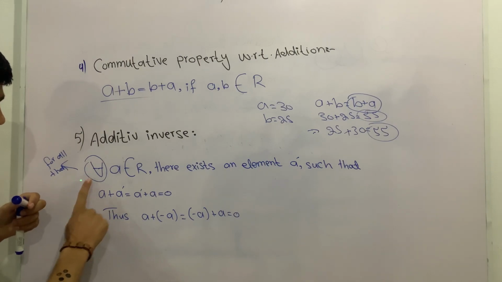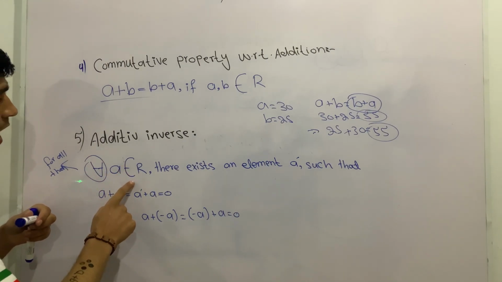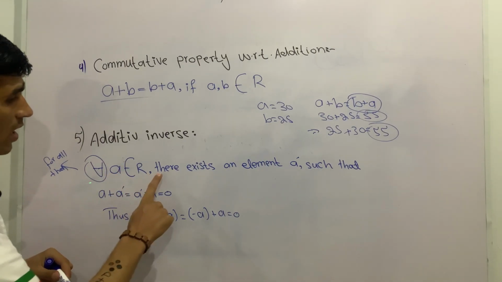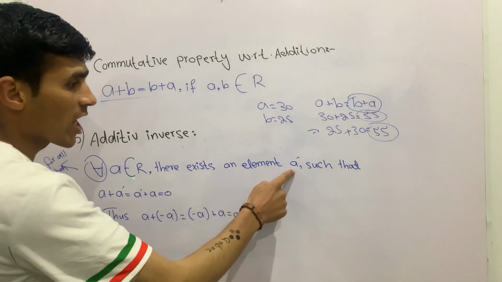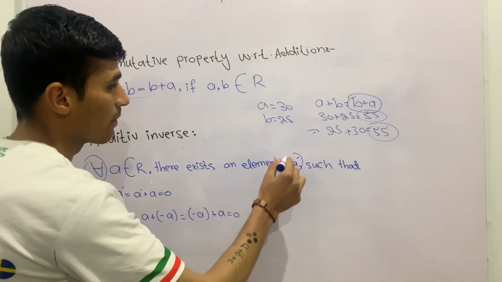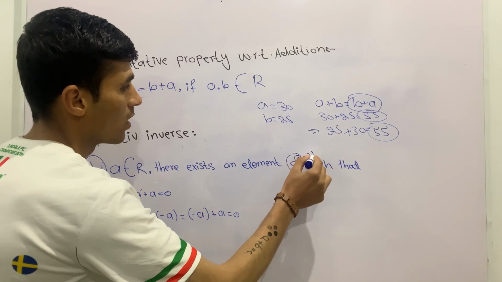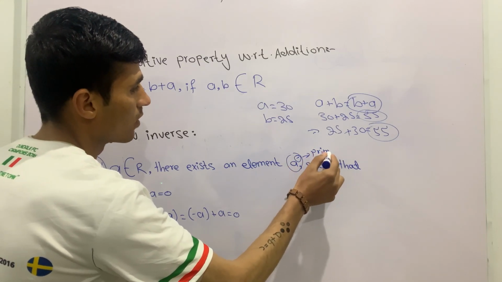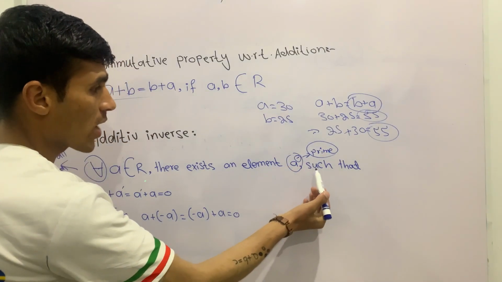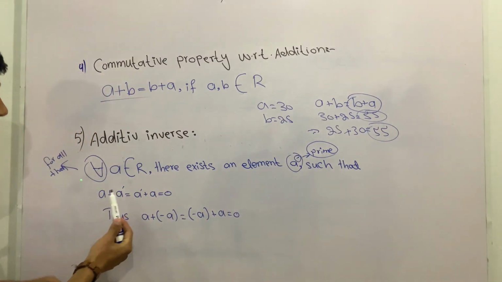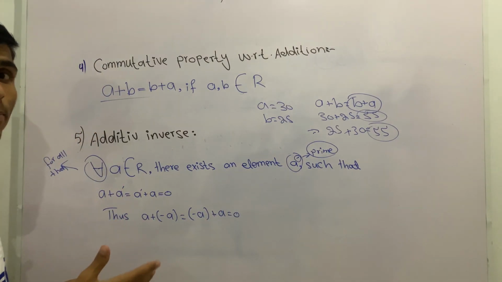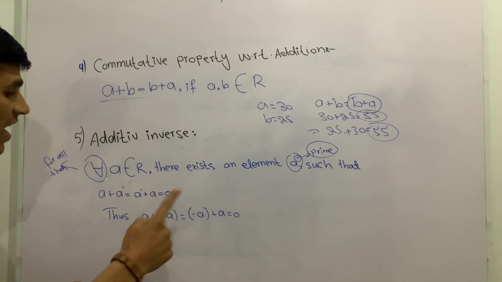For all a belonging to R, there exists an element a prime, look at this symbol, prime, such that a plus a prime equals a prime plus a.